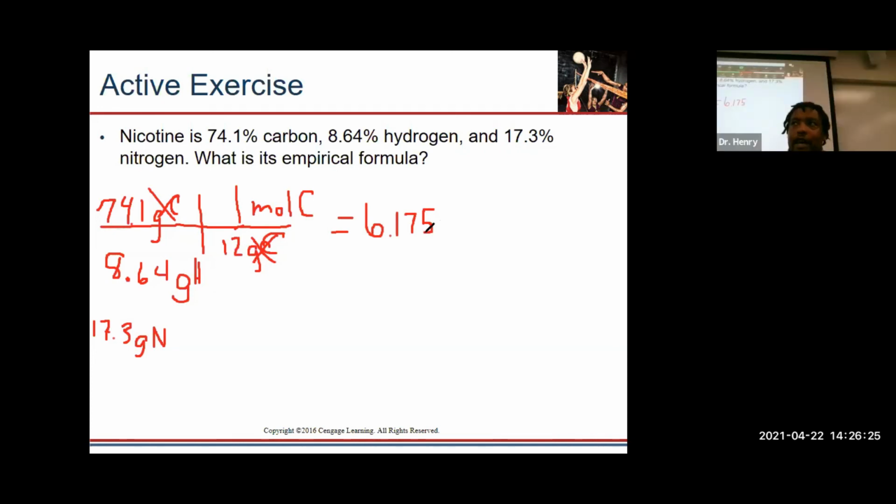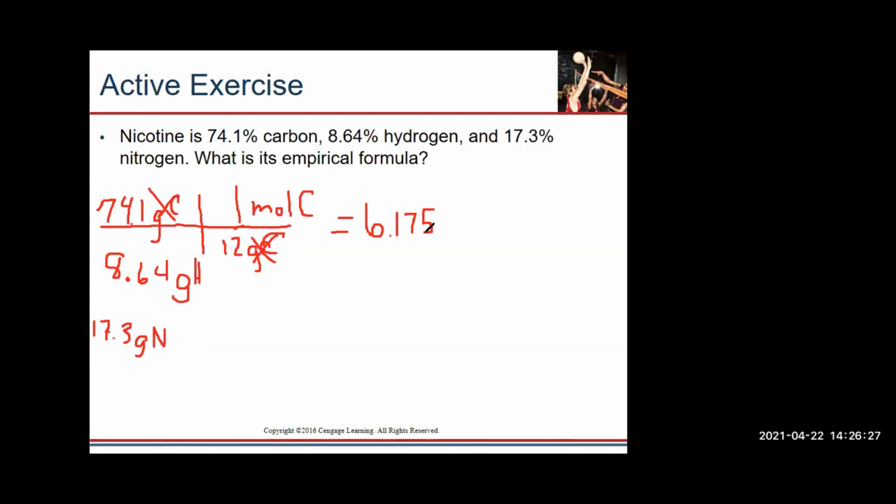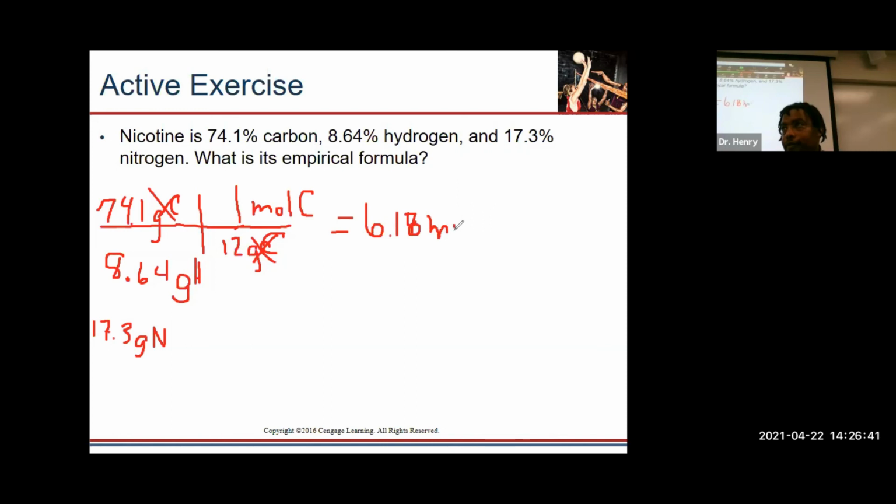How many sig figs should I have? 3. So that should be 6.18 moles of carbon.